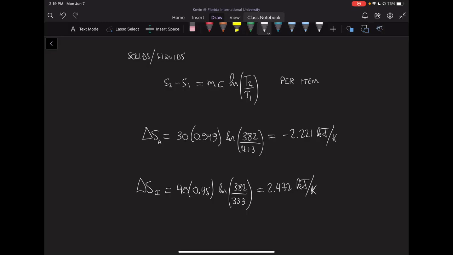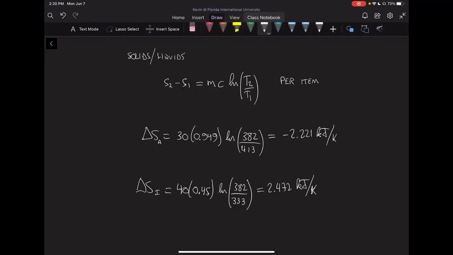And so we see that one is positive, one is negative. The reason is that we have one that's increasing in temperature and one that's decreasing in temperature. So we have a spread of energy going from aluminum to iron, essentially. The aluminum starts at a higher temperature and spreads its energy to iron.